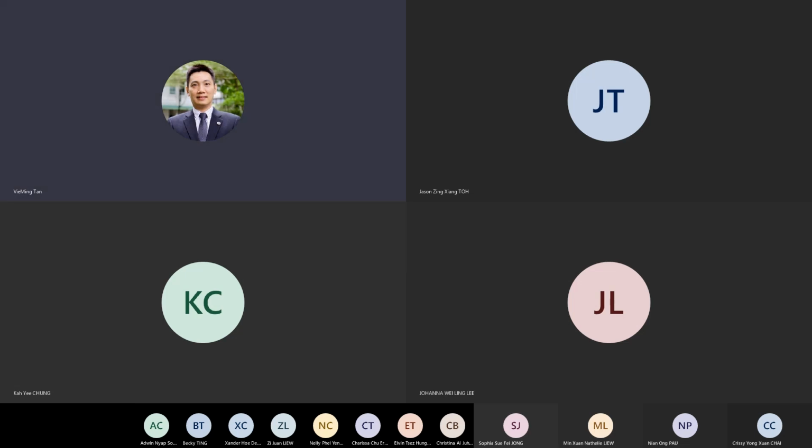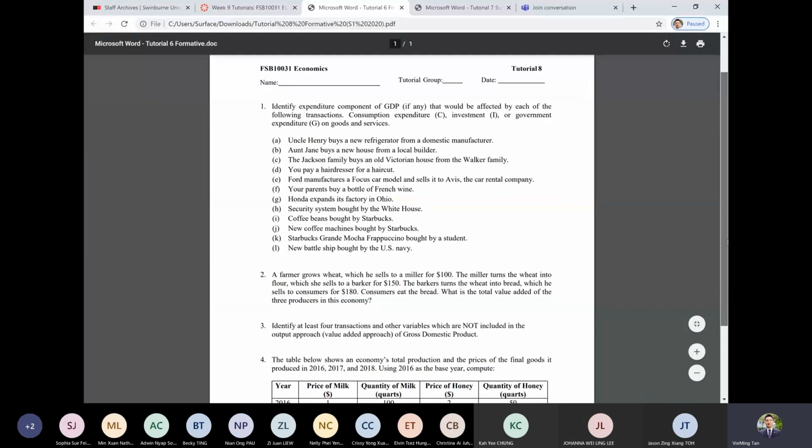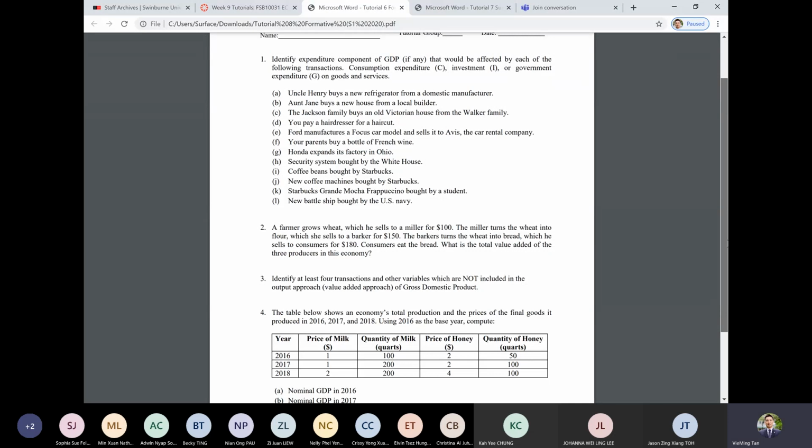For the formative question, the first question asks you to identify whether the following business transaction is categorized as either C, I, or G, or not at all. This is a test of understanding on the expenditure approach to calculate the GDP value.